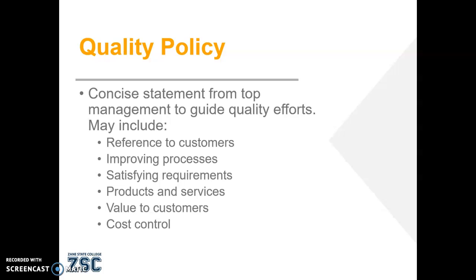Oftentimes, this makes reference to who the customers are and perhaps what their needs are. It talks perhaps about processes used within the organization and how there should be a constant goal to improve those processes, satisfying requirements, whether those requirements are internal or external to the organization. It should probably make reference to what the products or services are that are delivered by the organization.